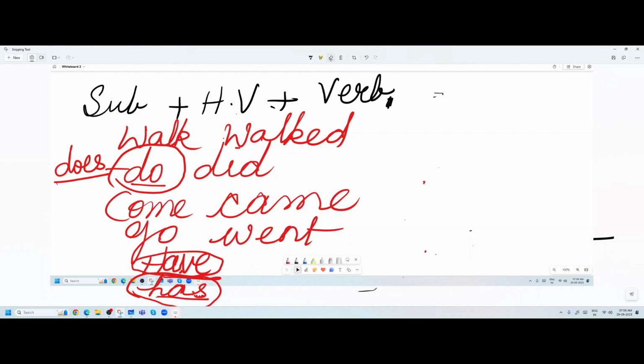Okay. So what is this verb one I'm talking about? Now see, when we talk the basic verb, it is called the infinitive, the root verb. From here you get walked. From here you get another verb, do, did, done. Come, came, come. Coming, walking, going. Everything comes out from the root word do, walk, come.